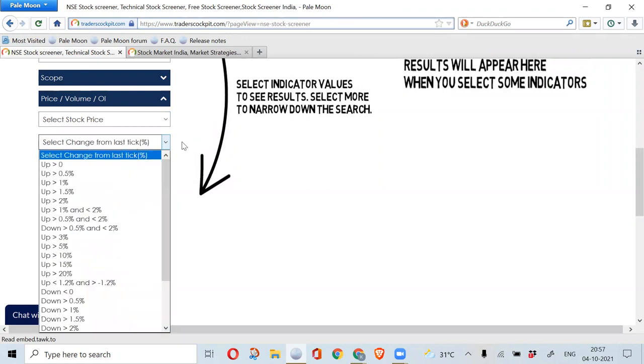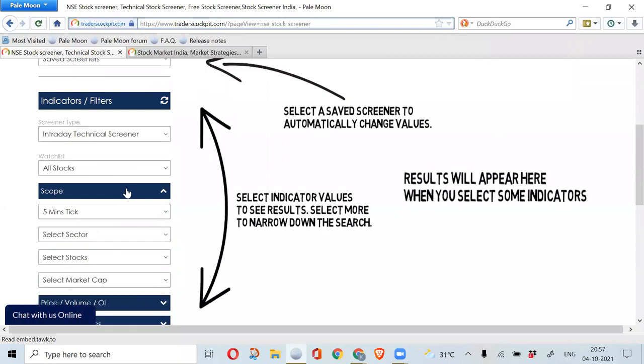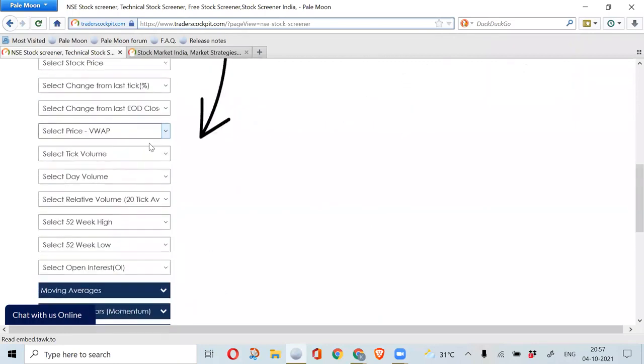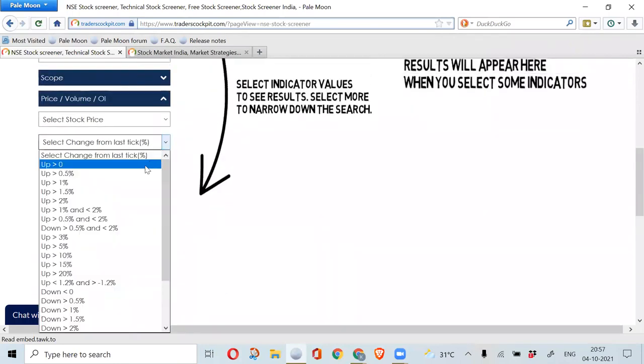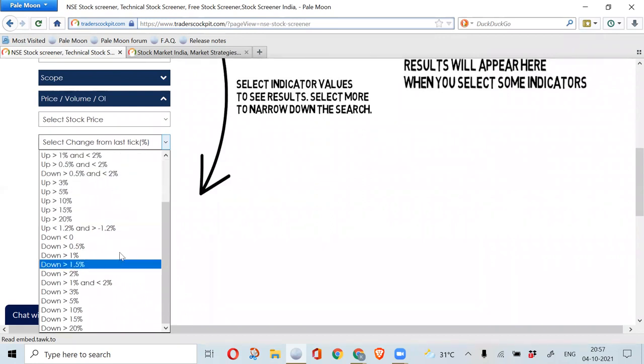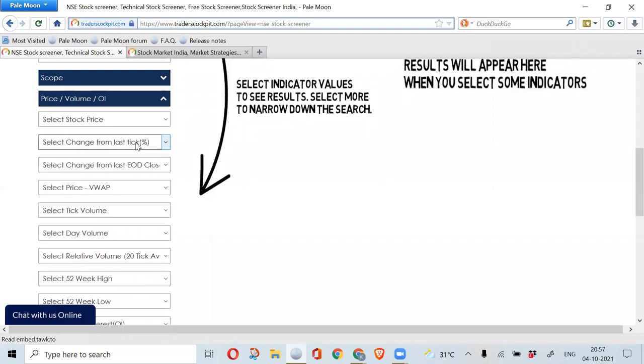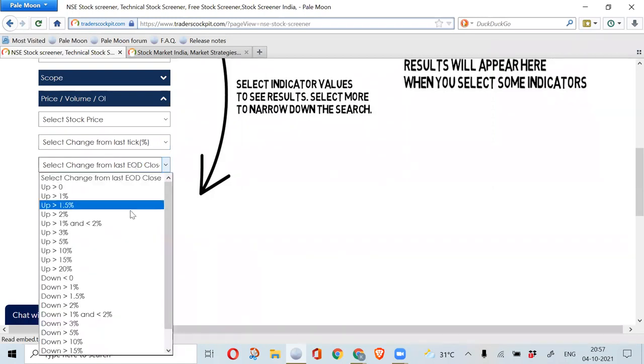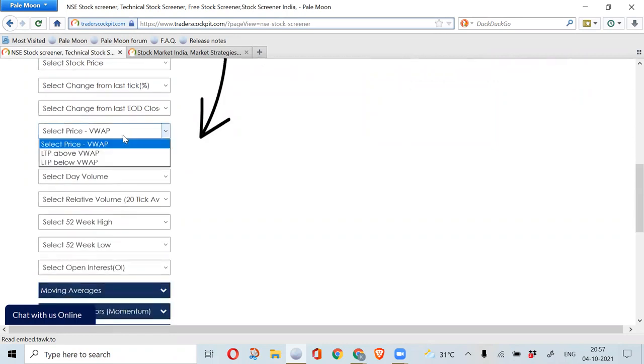As we have selected a 5 minute interval tick, change from the last 5 minute tick, how much price change you are looking for. Positive change or negative change, you can select here. All the conditions are pre-coded. And then change from the last day's close, you can select here. And then price above VWAP or below VWAP, according to the volume weighted average price conditions.